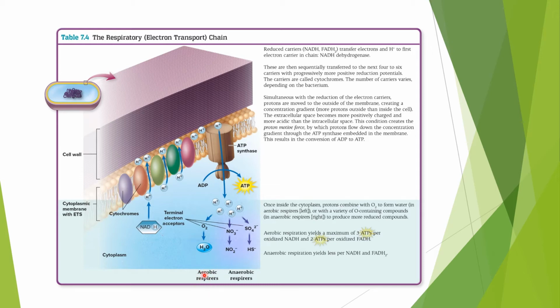Bacteria that go through aerobic respiration use oxygen as their final electron acceptor during the ETC. Those that go through anaerobic respiration don't use oxygen as their final acceptor. They use things like nitrate and sulfate, okay, as their electron acceptors. So we're going to move on to anaerobic respiration and talk about it in a bit more detail.